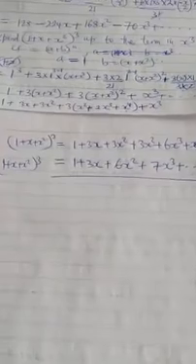So our answer becomes 1 plus 3x plus 6x squared plus 7x cubed, and we stop our expansion at that stage. That would be our response up to the term in x cubed.